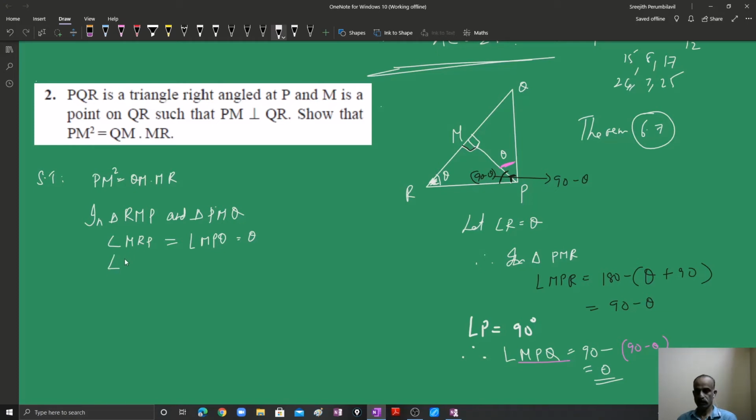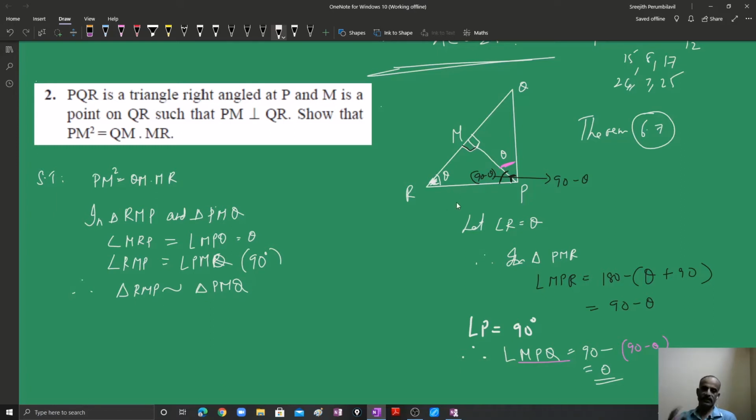Similarly, now we will go for the right angle. Angle RMP is equal to angle PMQ. The reason is both of them are 90 degrees. Therefore, triangle RMP is similar to triangle PMQ.